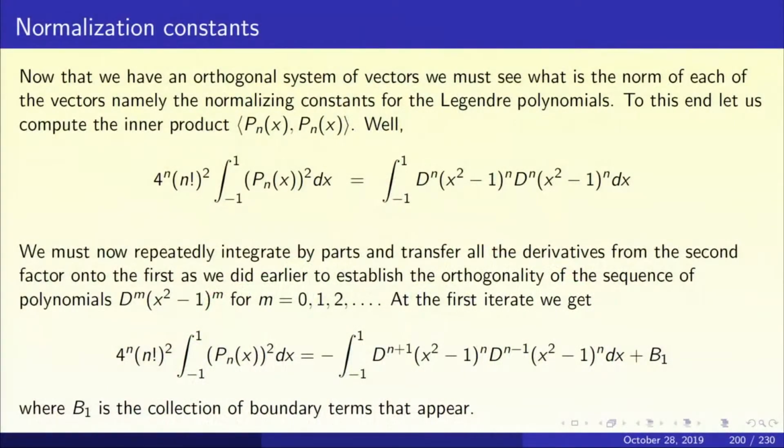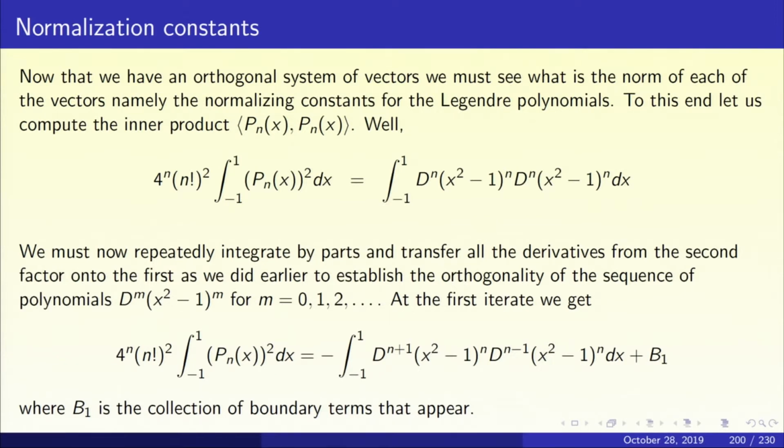We get 4 to the power n, n factorial squared, integral minus 1 to 1 of Pn(x) squared dx equals minus integral minus 1 to 1 of d^(n+1) of (x squared minus 1)^n times d^(n-1) of (x squared minus 1)^n dx plus boundary terms. These boundary terms have been indicated by B1 in the last displayed equation in the slide.